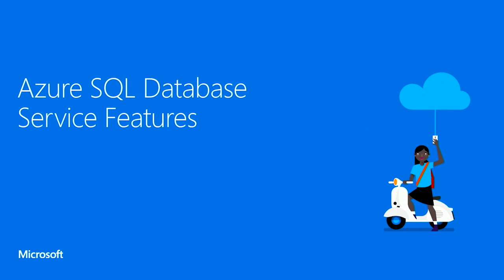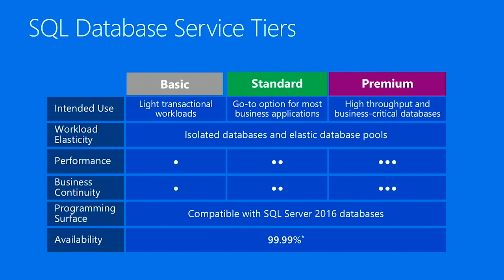So let's talk about Azure SQL Database service features. In addition to the core relational database features, we're running this as a service, so we offer lots of service features. There are 3 different performance tiers called Basic, Standard, and Premium. The only difference is the performance.